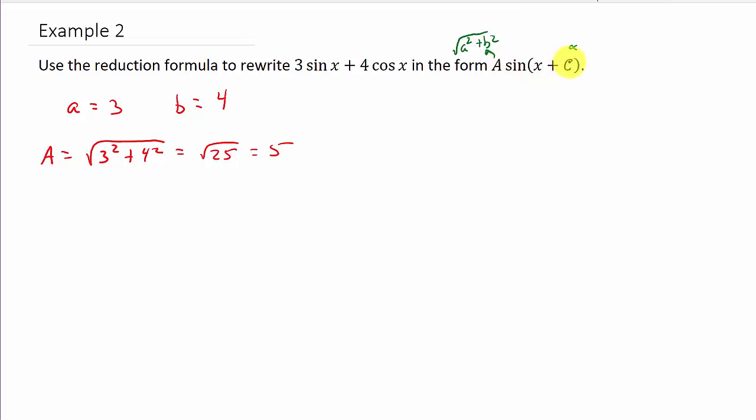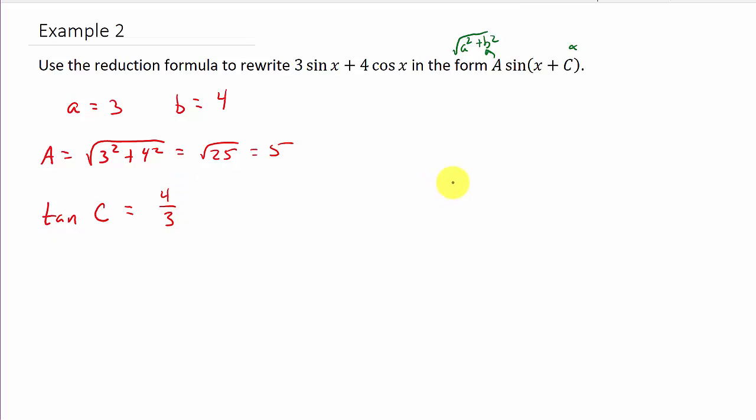And now we've got to find our angle. So remember, tangent C, that's the alpha that was in the formula, is b over a. So that's b, which is 4, over a, which is 3. And then before you do the inverse tangent of this, we need to see what quadrant our angle is in.